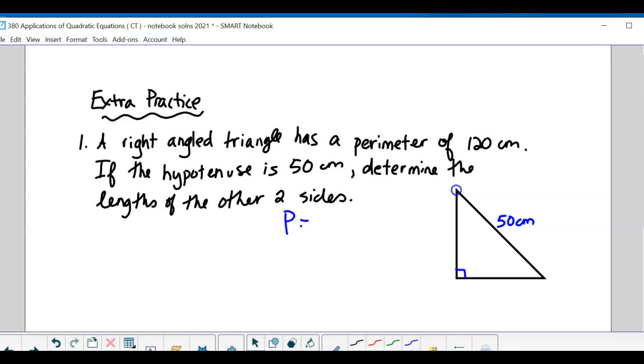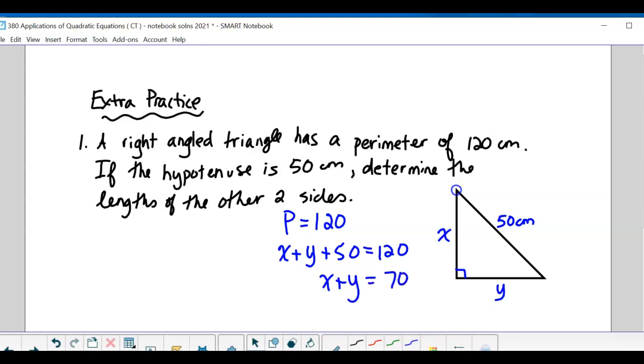Okay, so perimeter, we call this x and y. Then x plus y plus 50 equals 120. So really, x plus y equals 70.